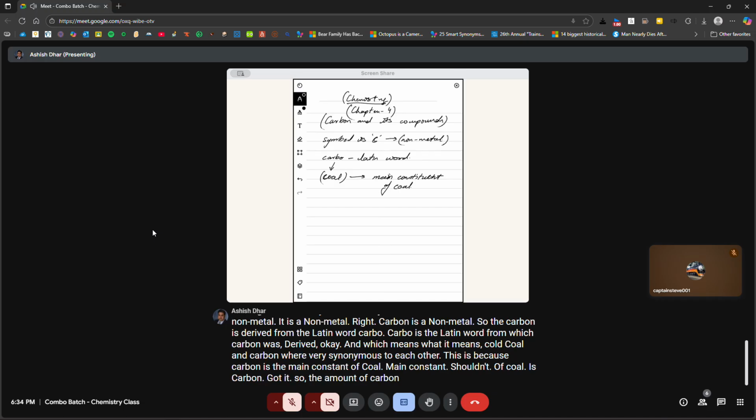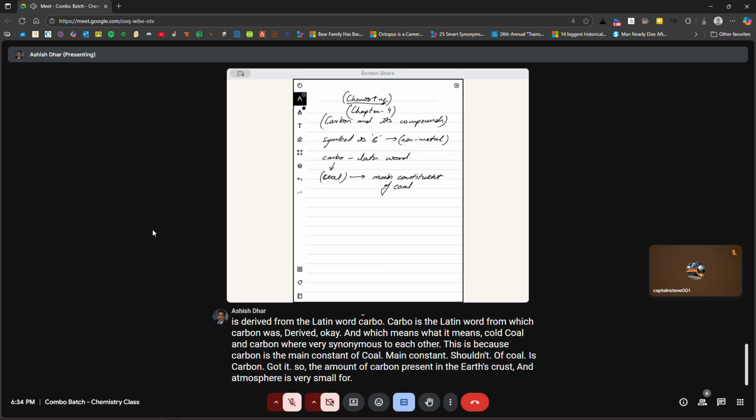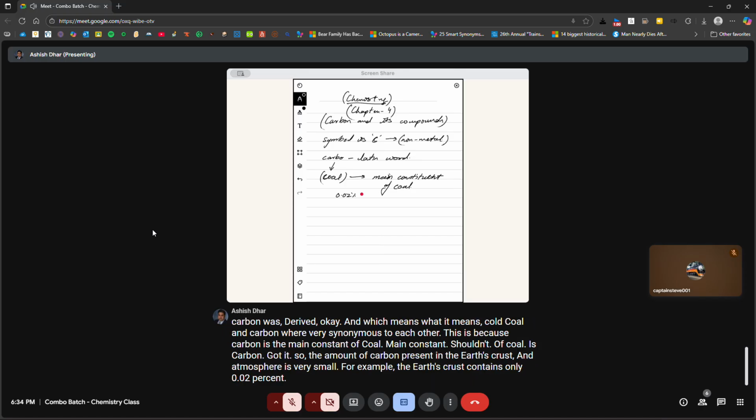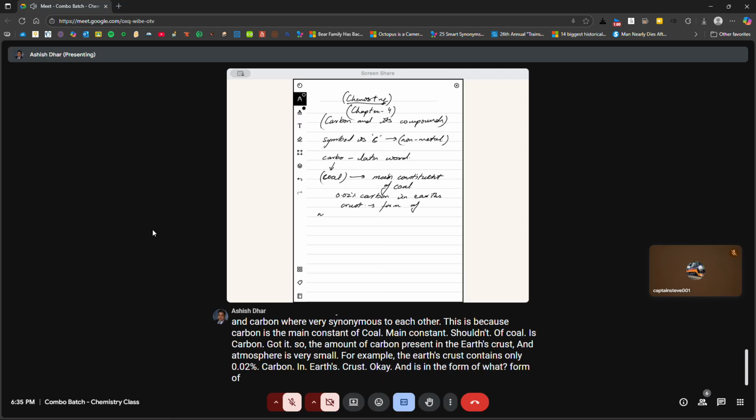The amount of carbon present in the Earth's crust and atmosphere is very small. For example, the Earth's crust contains only 0.02% carbon, in the form of minerals. Like carbonates, coal.